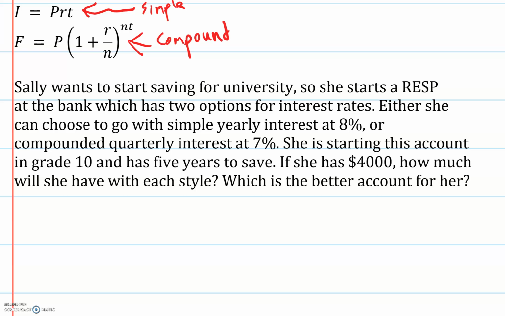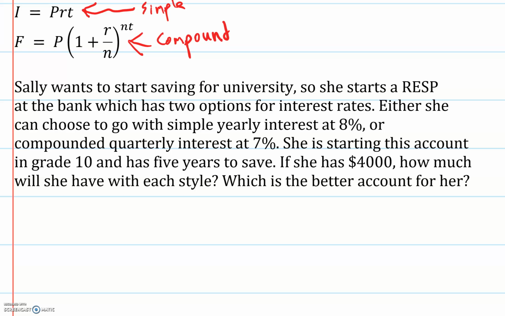She's starting this account in grade 10 and has 5 years to save before university. If she has $4,000, how much will she have with each type of account? Which is the better account for her?